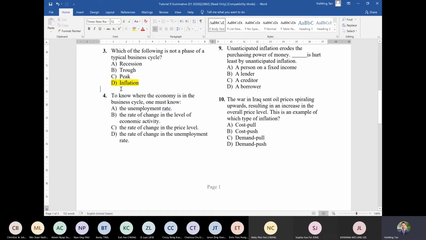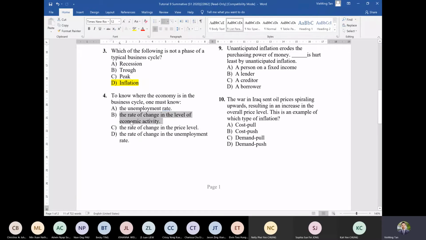Number 4, Kai. To know where the economy is in the business cycle, one must know the rate of change in the level of economic activity. Yes, because we need to know the rate of change in the level of the economy in order to identify whether the economy is having a recession, a peak period, or economic growth.